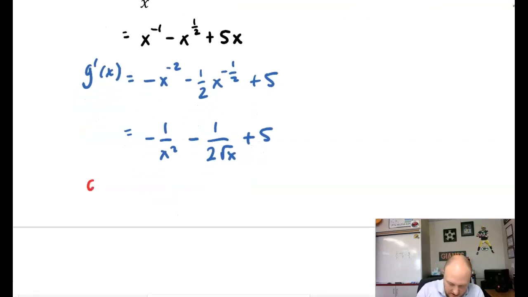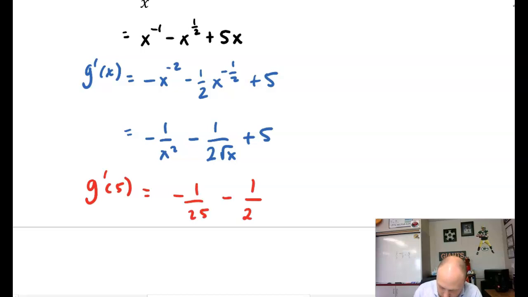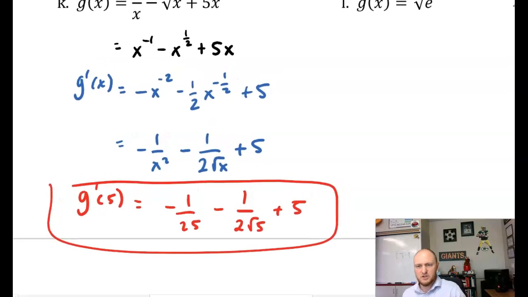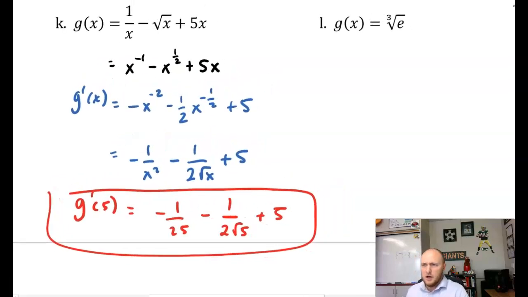Okay, and G prime of 5 would have given us negative 1 over 25 minus 1 over 2 root 5 plus 5. Here's G prime of 5. Pretty straightforward.